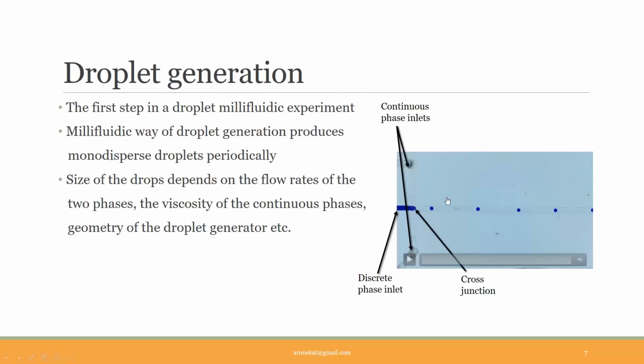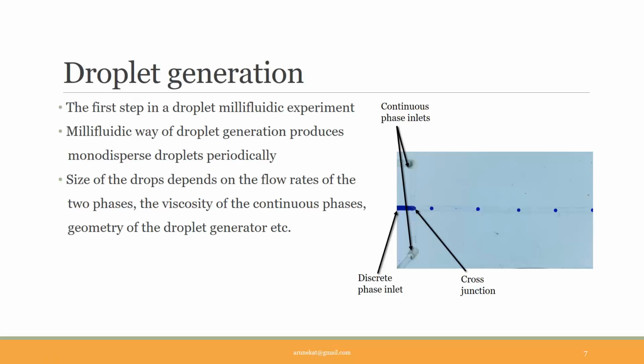As I said earlier, generating droplets is the first step in any droplet micro or millifluidic experiment. And millifluidic way of droplet generation produces monodispersed droplets periodically. There are different geometries used for droplet generation.